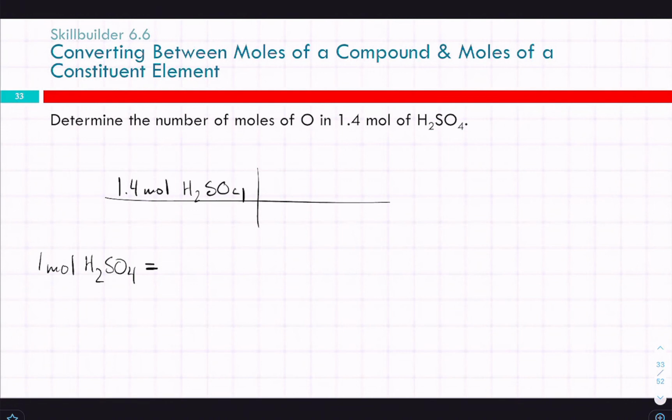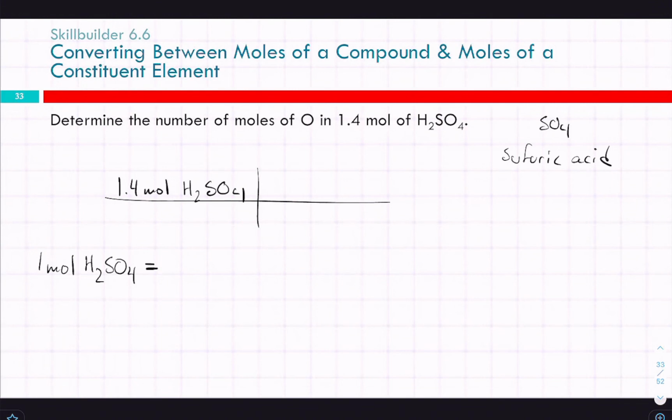Sulfate. Wait, can I get it right? Almost, you got part of it. It's ATE, so if that's sulfate, then it's sulfuric.